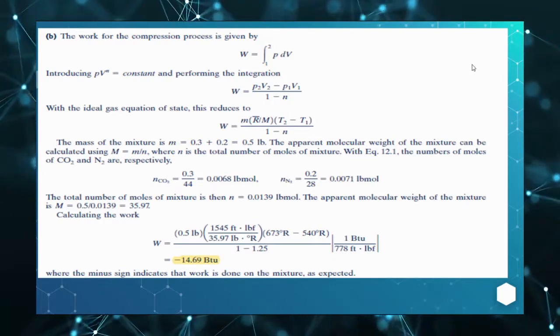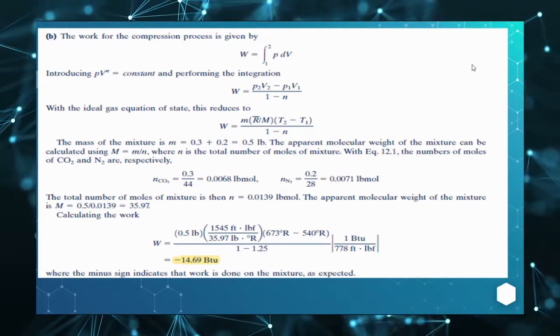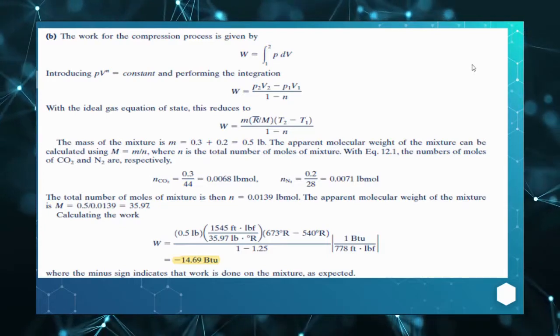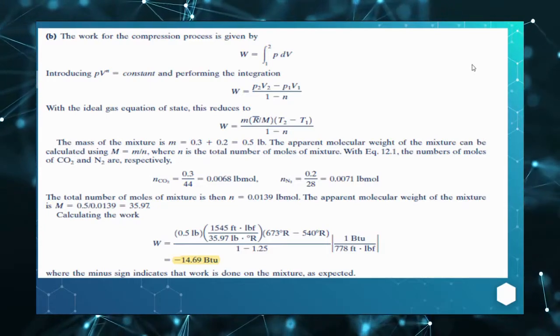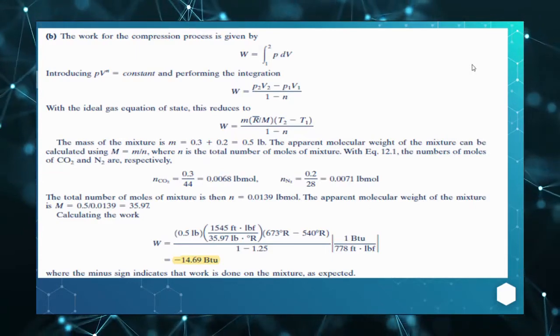So, the mass of the mixture is 0.3 plus 0.2, which is equal to 0.5 pounds. The apparent molecular weight of the mixture can be calculated using M equal to m over n, where n is the total number of moles of mixture.